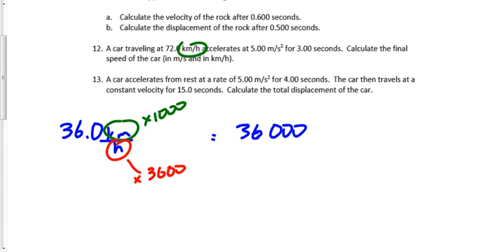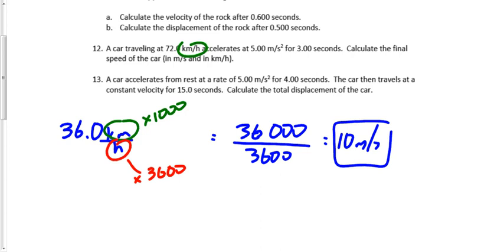Right, multiplying 36 by 1,000 on the top, and then 3,600 on the bottom, because there's 1 hour on the bottom. That gives me 10 meters per second. Make sense?